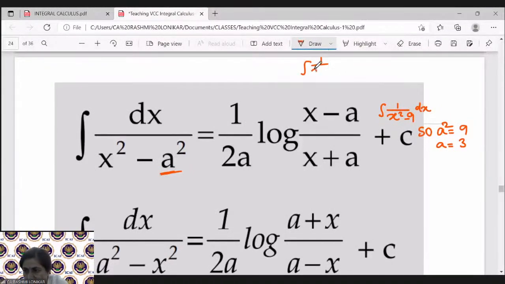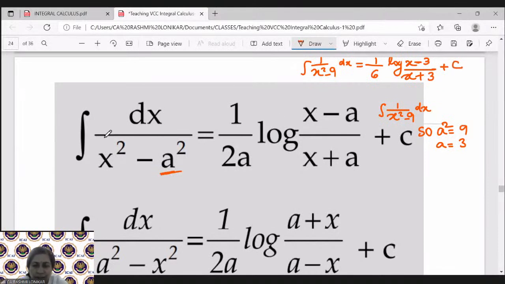Integration of 1 upon x square minus 9 dx is equal to 1 upon 2 into a, and a is 3, so 1 upon 2 into 3, which is 6, log of x minus 3 upon x plus 3 plus c.